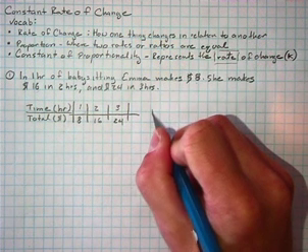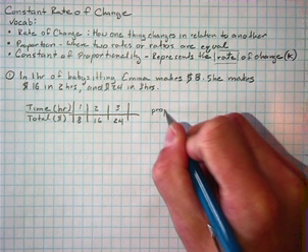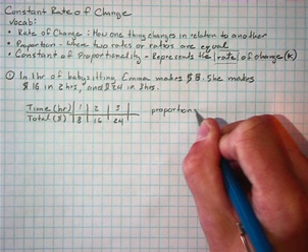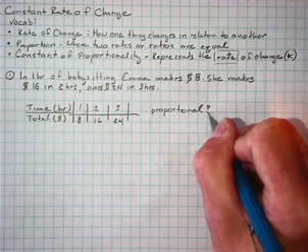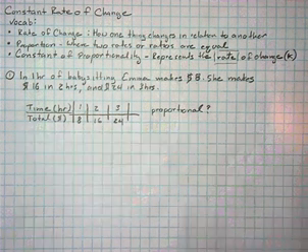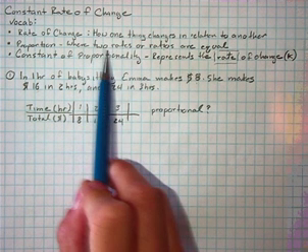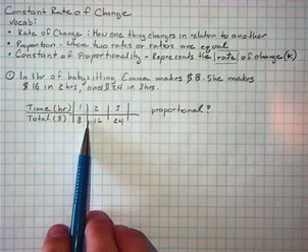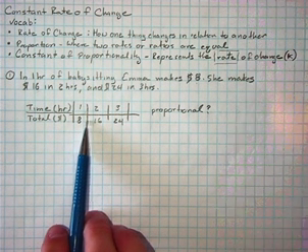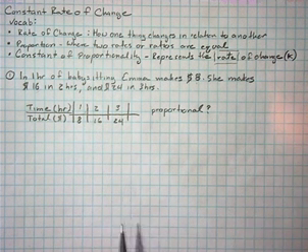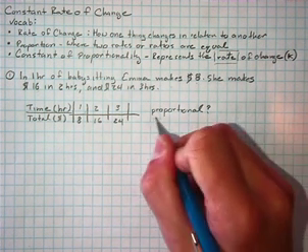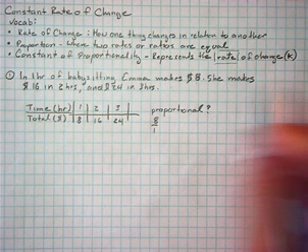So we need to determine if it's proportional. So to determine if it's proportional, 2 rates or ratios are equal. So what I want to find is the unit rate. I need to figure out if the unit rate is the same for all of them. So dollars per hour, I'm going to do $8 per hour.